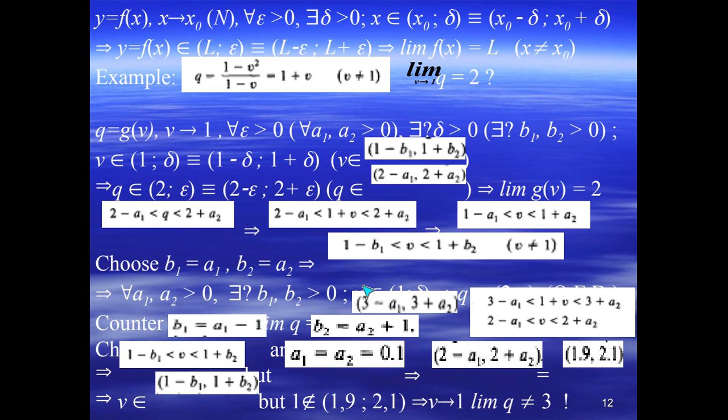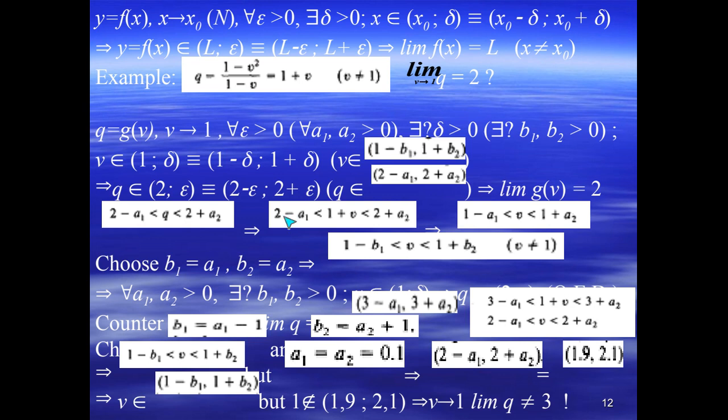There are b1 and b2 for all a1 and a2, for all epsilons, such that whenever v is between 1 minus b1 and 1 plus b2, the function value 1 plus v is between 2 minus a1 and 2 plus a2, or 2 minus epsilon and 2 plus epsilon. So the condition is fulfilled, which means when v goes to 1, the limit of this function is really 2.